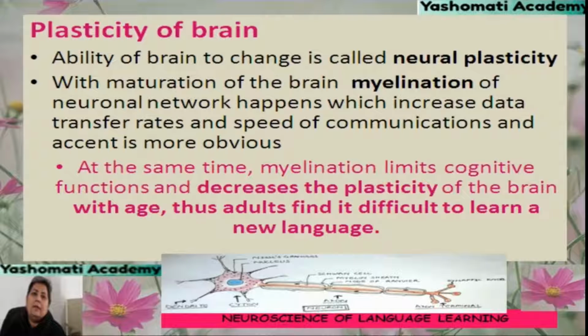We know that infants have a very flexible brain. It is forming new synapses at a very fast rate. For example, within the age of 0 to 3 years, synapses increase from 2500 to 15,000 per neuron.